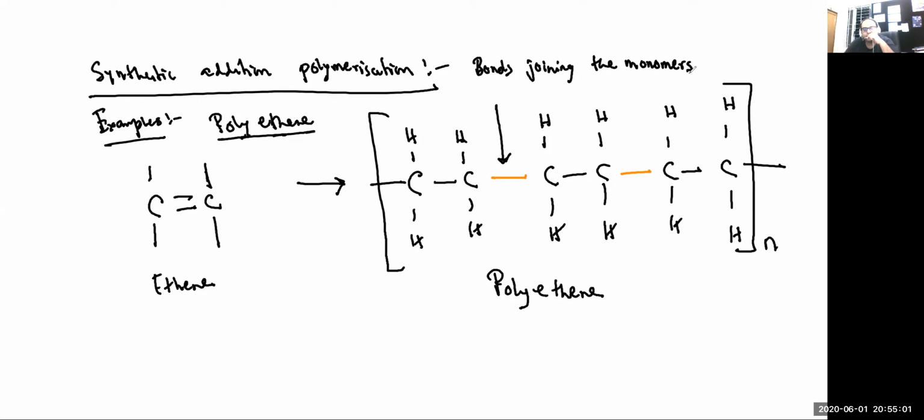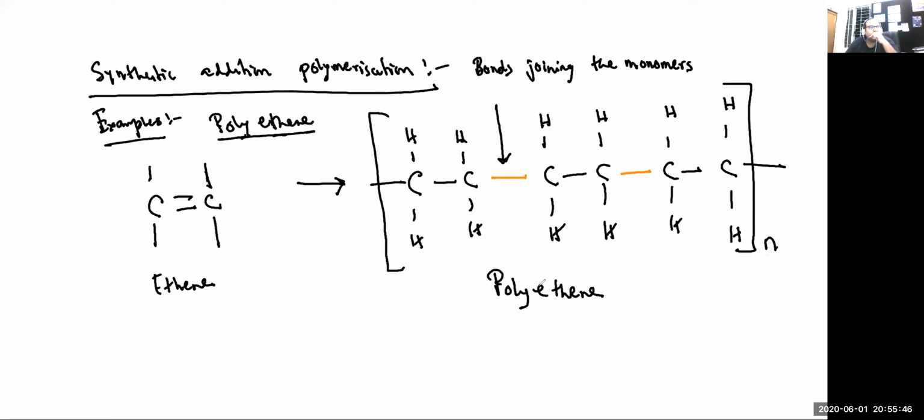Bonds joining the monomers. How many monomers are joined here? 3. 3 monomers are joined here.